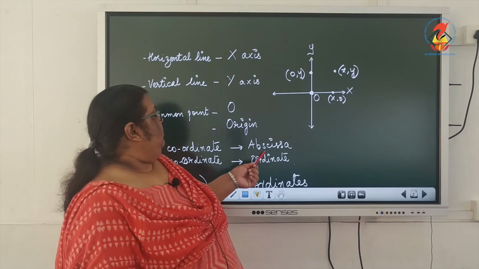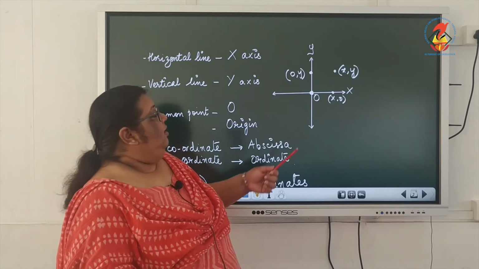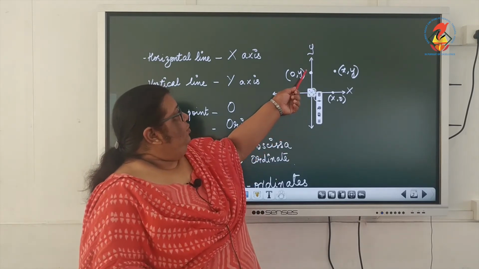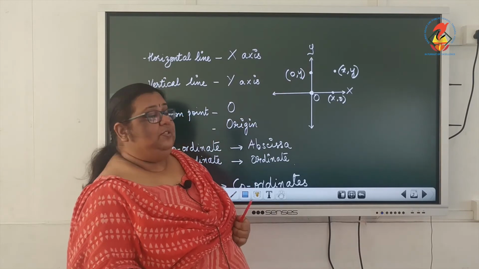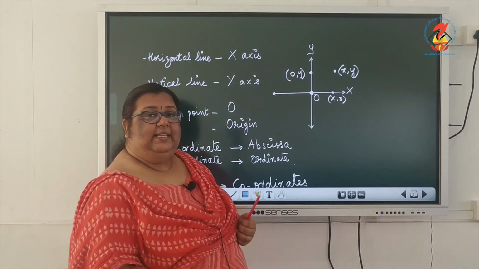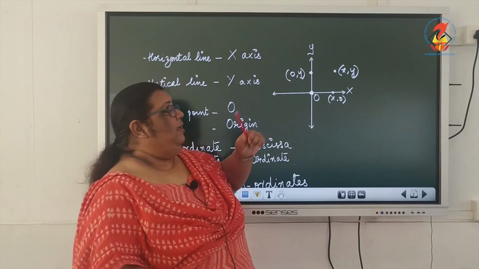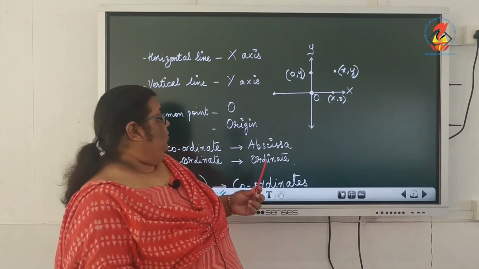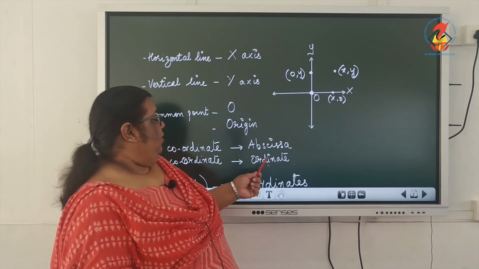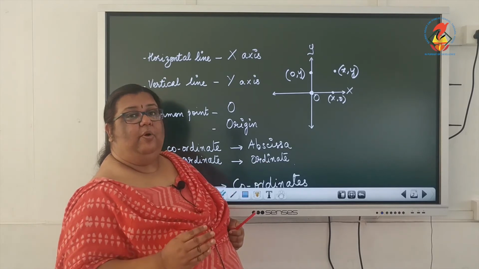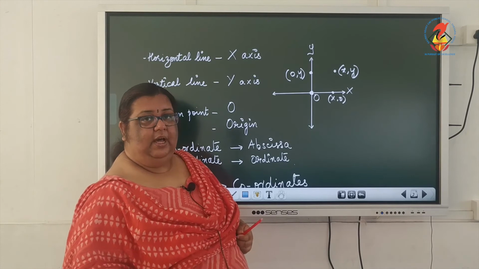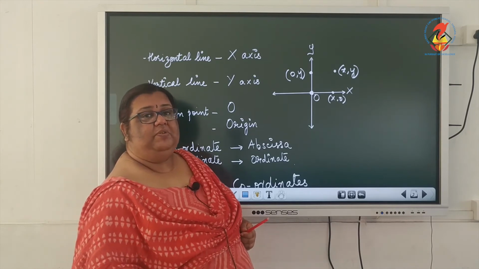Another name for x-coordinate is abscissa. The distance from the x-axis can be represented as y, and it is known as the y-coordinate or ordinate. X-coordinate, another name is abscissa, y-coordinate, another name is ordinate.